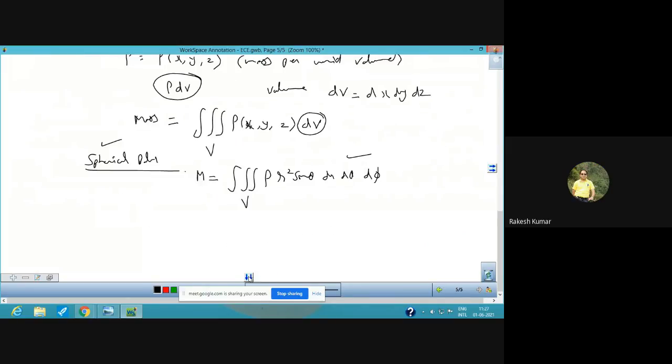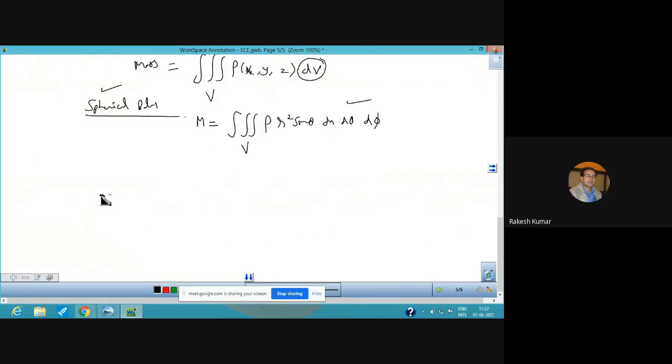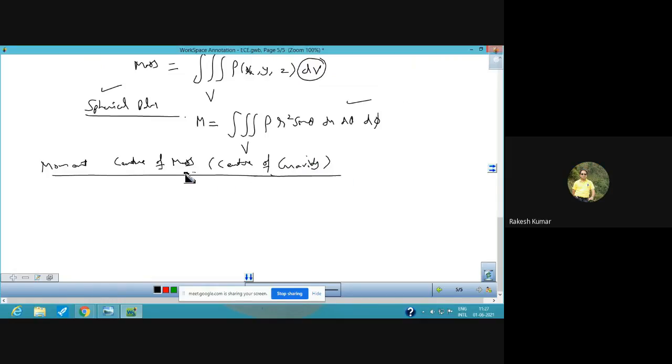Now, the next thing we have to know is the moment. Moment means center of mass. It is also taken to be the center of gravity.